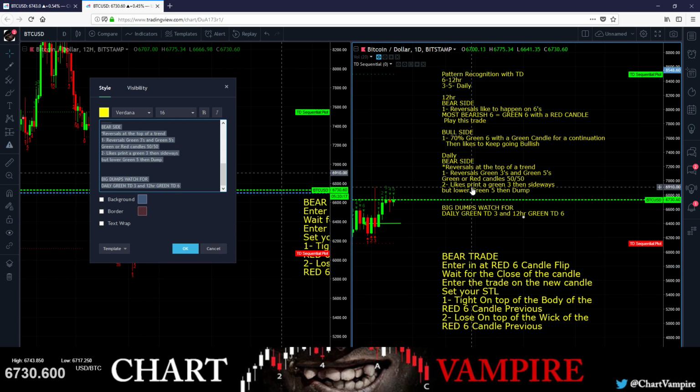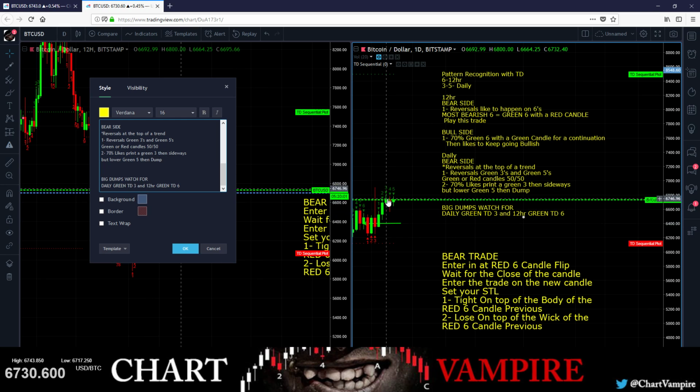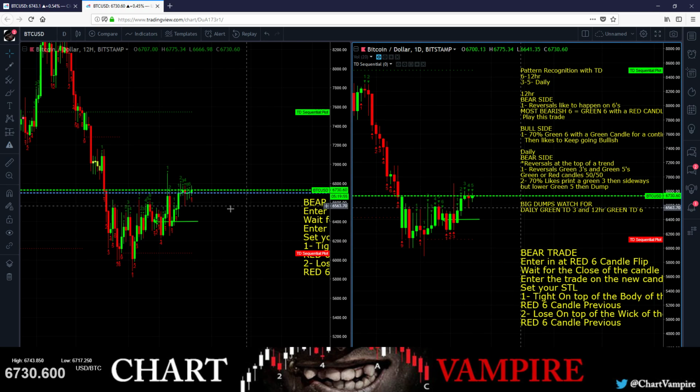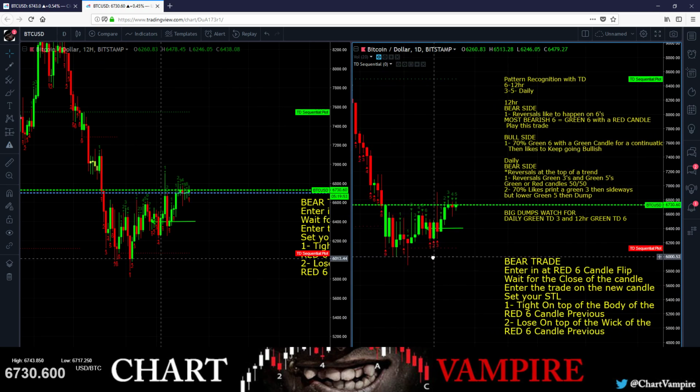Where did I just put that? Alright, yeah, it's right here. And I would say 70% here, this likes to print the green 3, then move sideways but lower, and then you hit the green 5, and then it dumps. Okay?